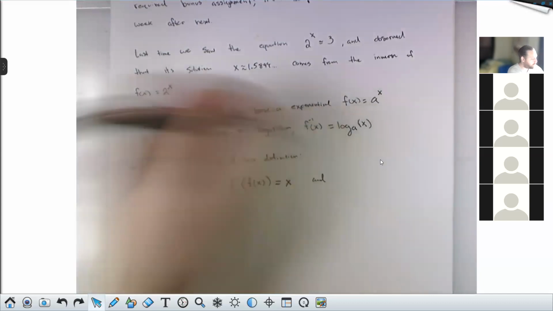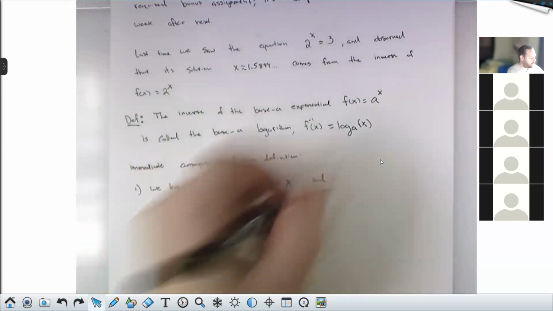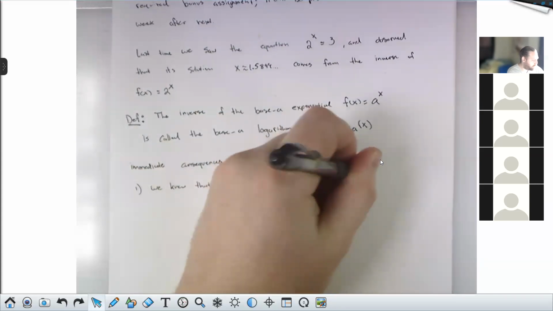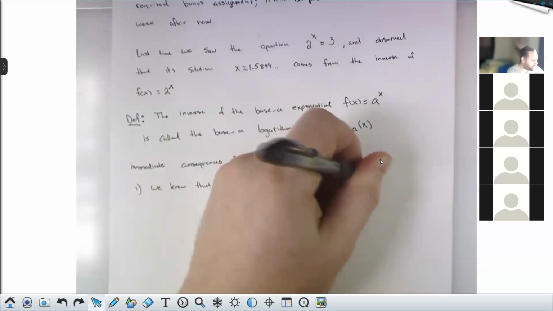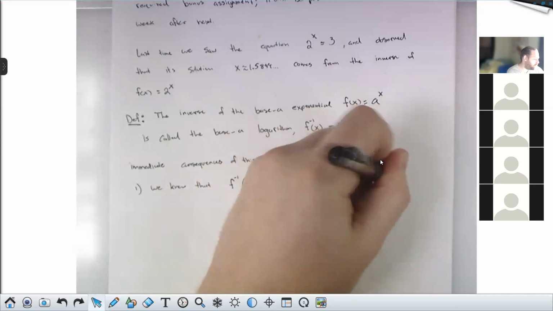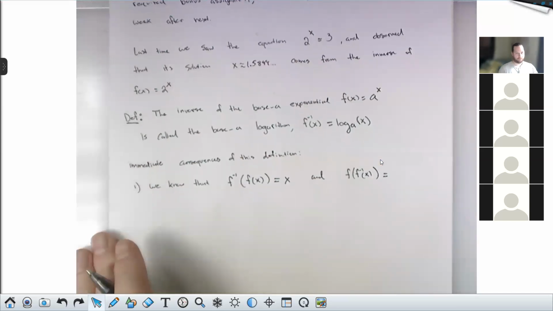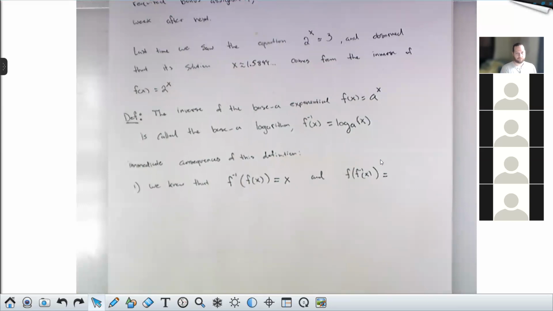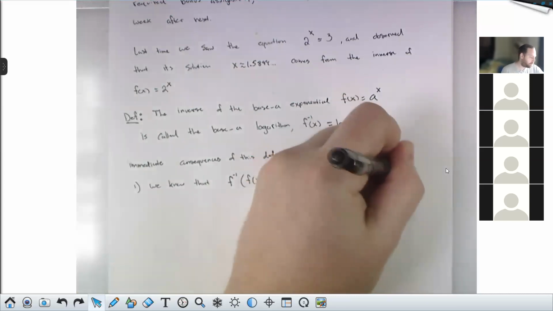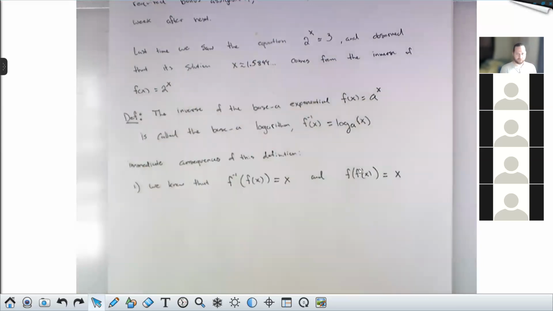And if you compose in the other order, you take f of f inverse of x, what should that always simplify to? Don't overthink it. Would it be x? Also x, right? Remember, the inverse is the function that exactly undoes the original.